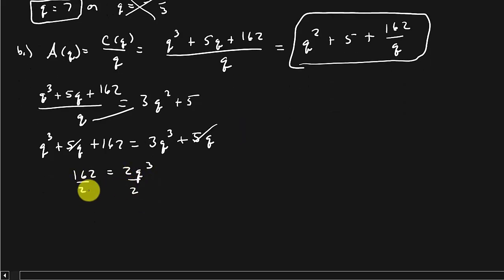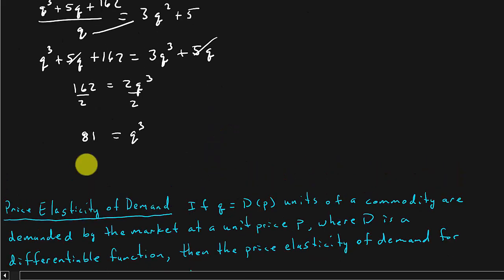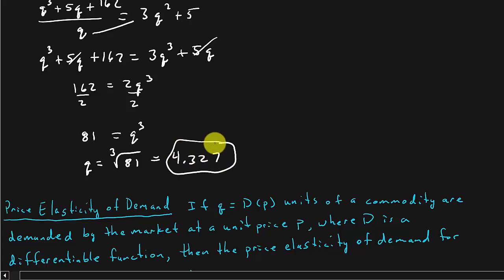Divide by 2. That's going to be Q to the third equals 81. And so here we're going to get Q is equal to the cube root of 81, which ends up being 4.327.